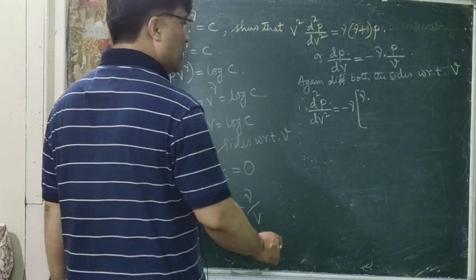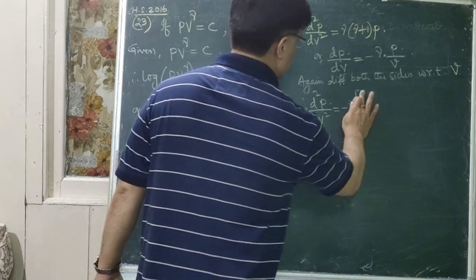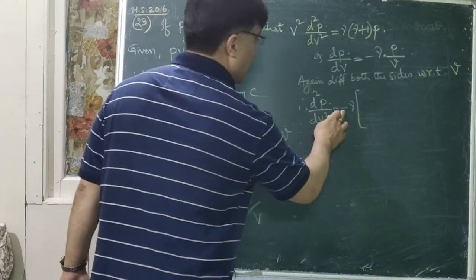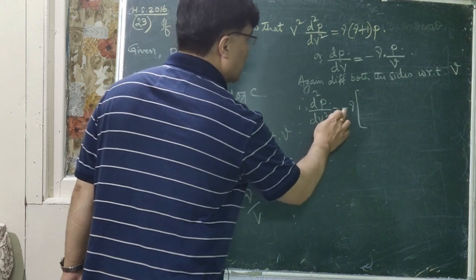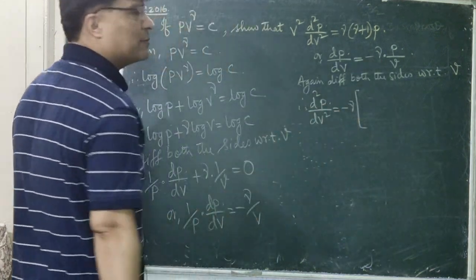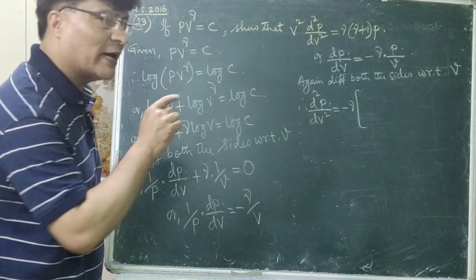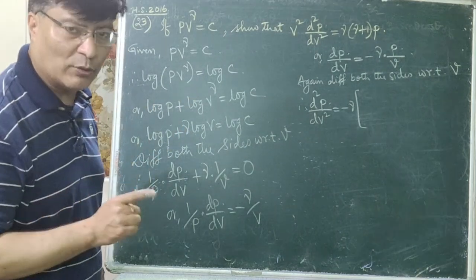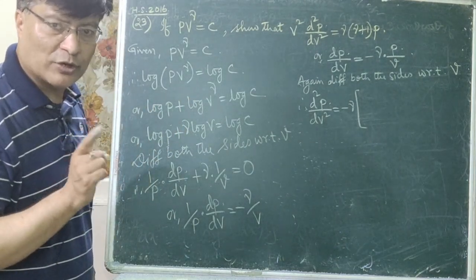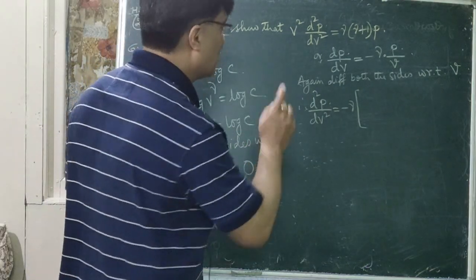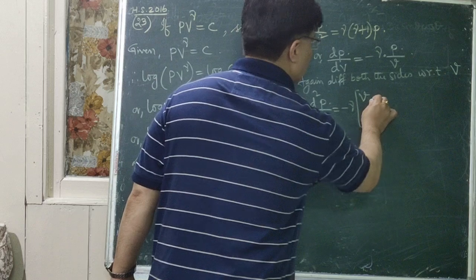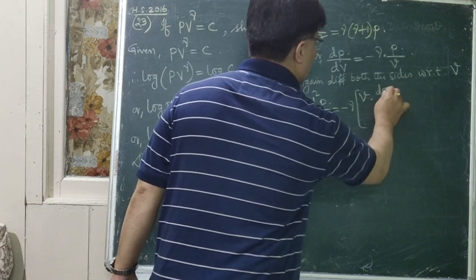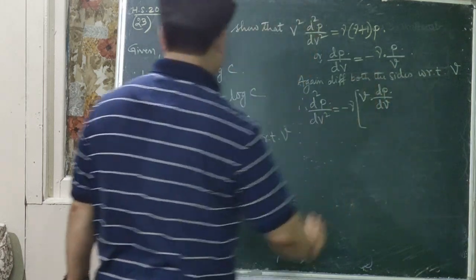Okay. So here this minus gamma is constant. So d2p by dv square is equal to minus gamma is constant. It is kept as it is. And for p by v, you have to use u by v rule. You know the quotient or u by v rule for differentiation, isn't it? Now denominator is kept as it is. V into differentiate p with respect to v, dp by dv, right?